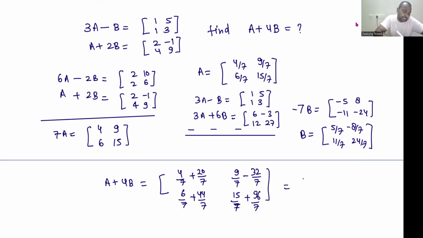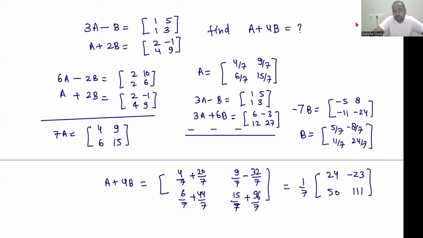So the exact answer is 1 by 7 times 24, minus 23, 50 and 111. Check whether that answer is correct or not.